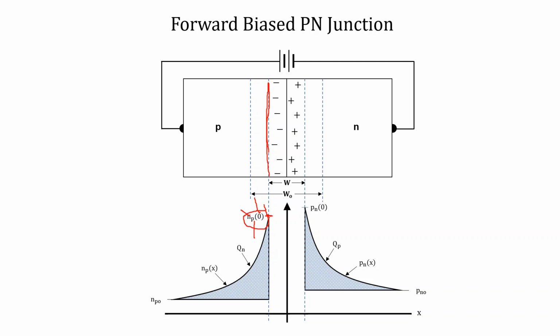As the electrons move inside the p-type region, their density reduces because they recombine with the holes. And Npx is the distribution of minority charge carriers which are in excess to this, that means which are above this. And similarly for holes, this Pn0 is the holes in the n-side region at zero distance from the depletion region.